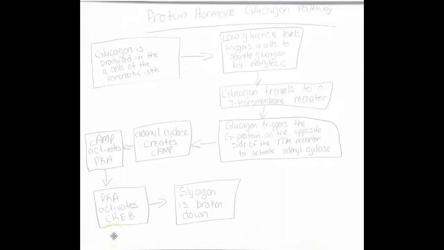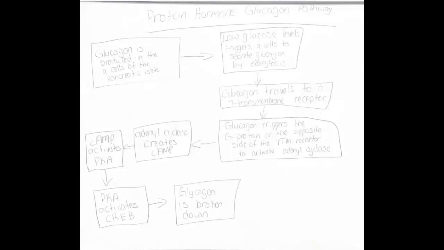The binding of glucagon on these receptors triggers the G protein, which is on the other side, the intracellular side of these receptors, and it triggers the G protein to activate adenylyl cyclase. And this adenylyl cyclase then creates cAMP, which is cyclic adenosine monophosphate.